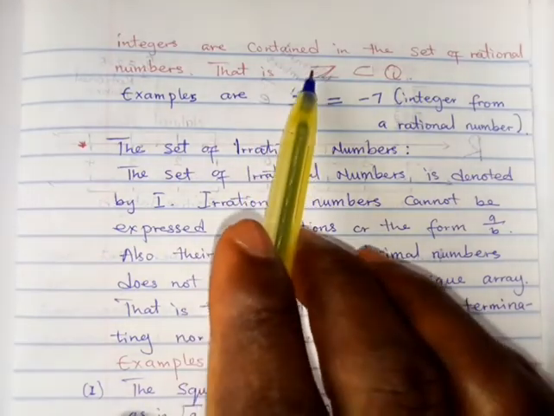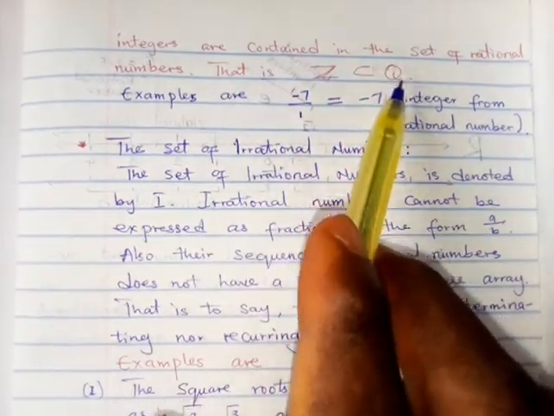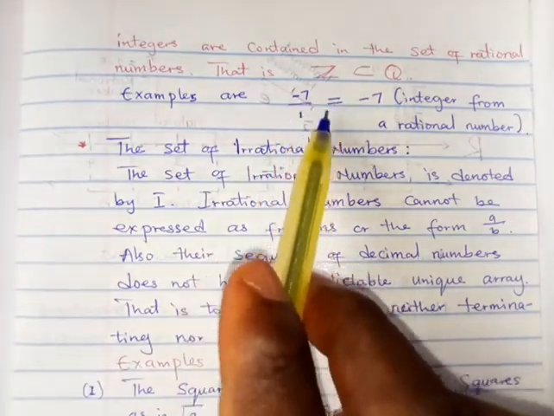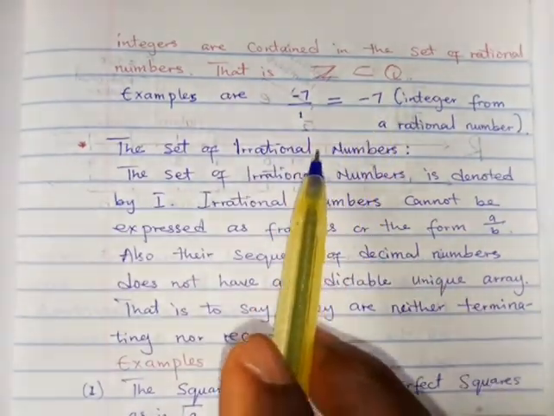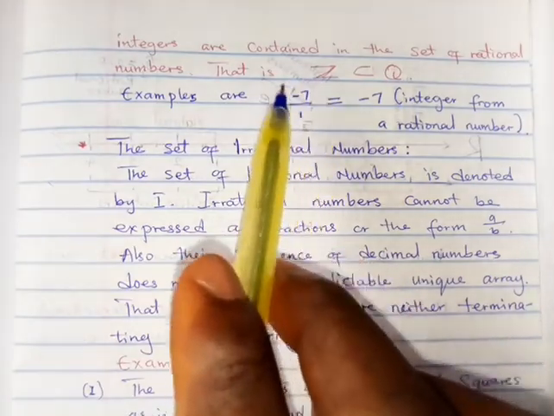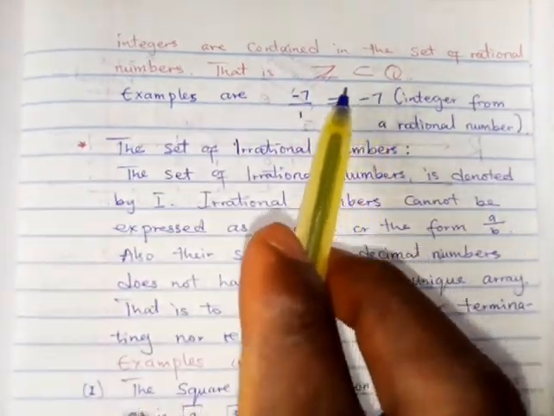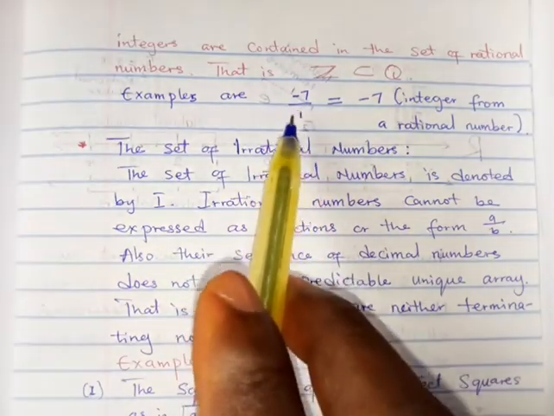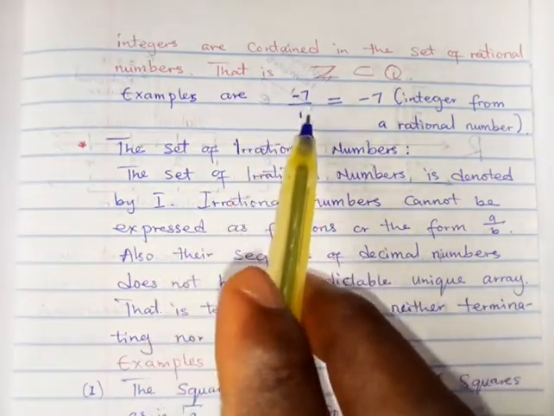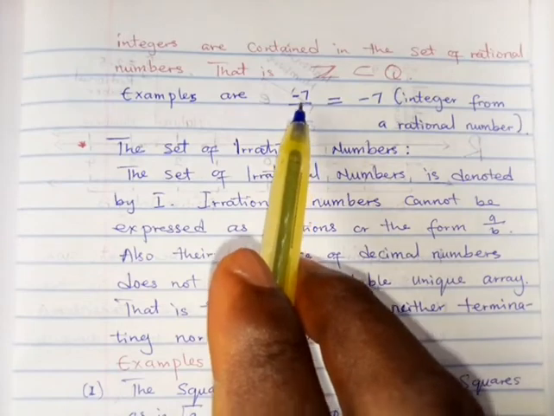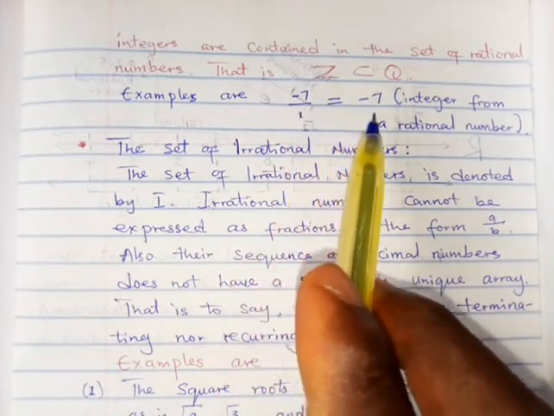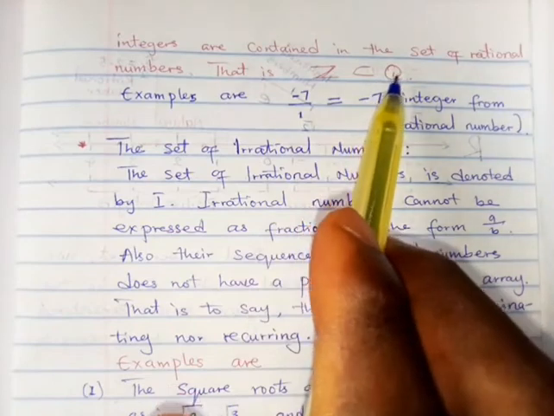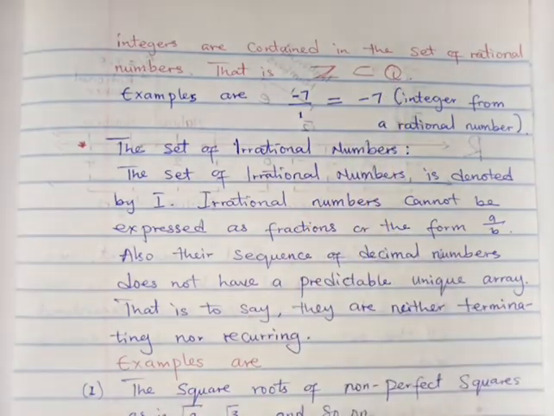That is, Z is a subset of Q. An example is -7 all over 1, which is equal to -7. This is a rational number. This is an integer. It means that since all integers are assumed to have a common denominator 1, we can say that all integers are members of this set of rational numbers.